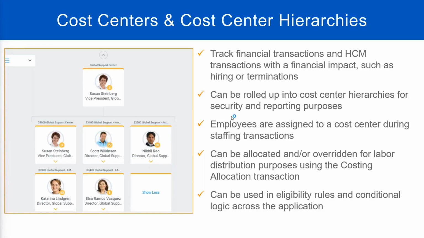We will link the company and the cost center with the supervisory organization. We will do that later, of course, but it doesn't matter in which order you create it, as long as you create the hierarchy. But the first thing that you need to create is the location.